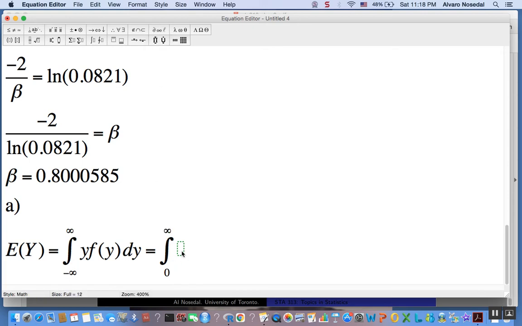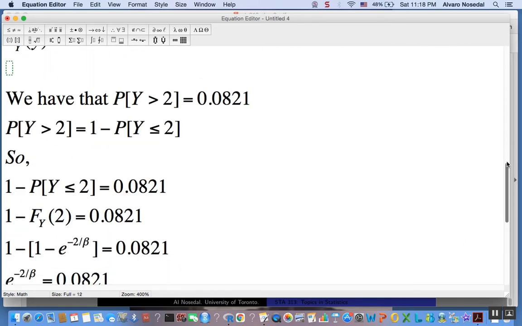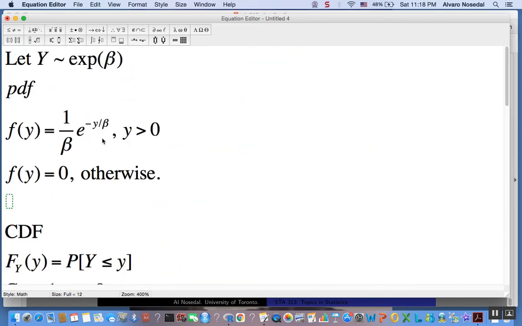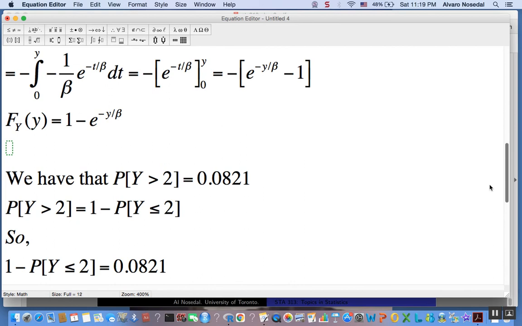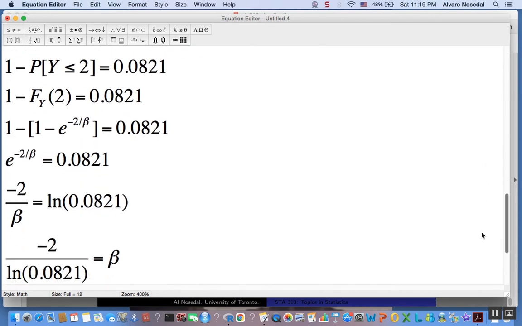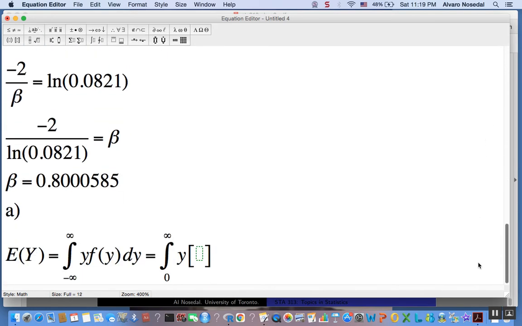So we have y times the PDF, and the PDF of an exponential we already know is 1 over beta times e to the negative y divided by beta. But now we know that this is this. So let me try and find it.